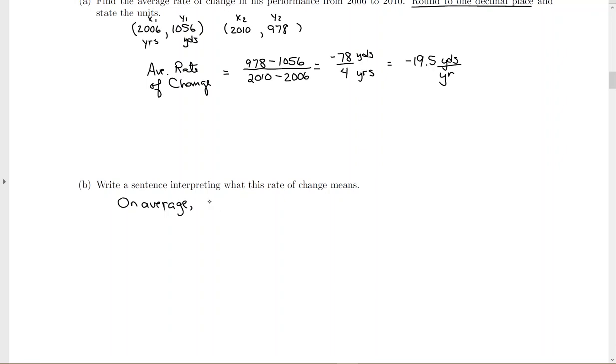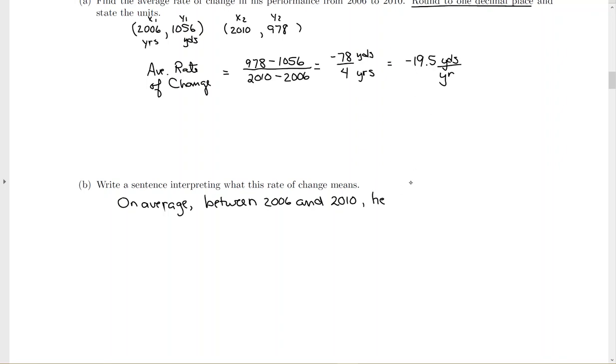So on average, we've got to say what years we're looking at, between 2006 and 2010, because maybe in 2011 he got way better, but between these 4 years, he didn't do so good.